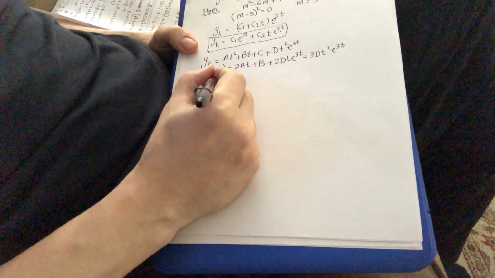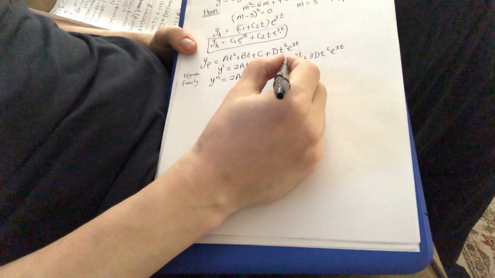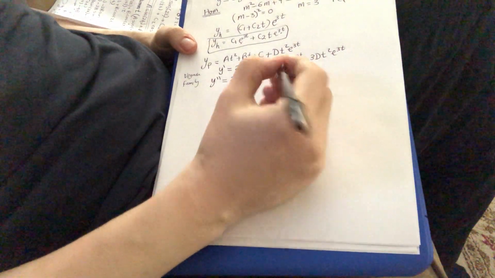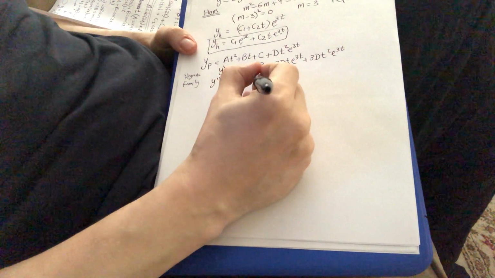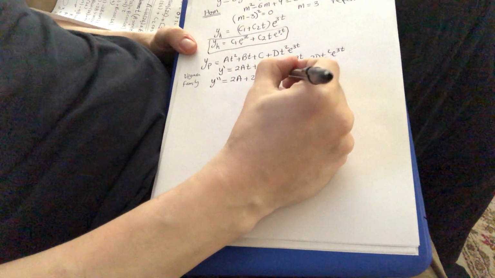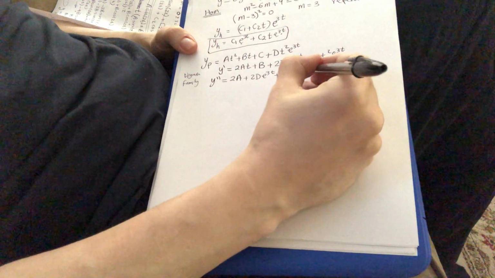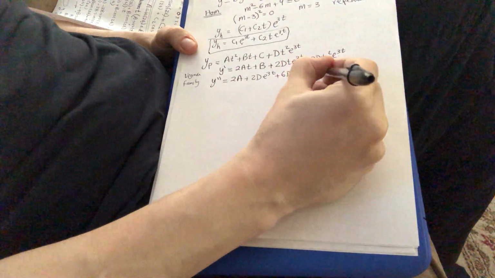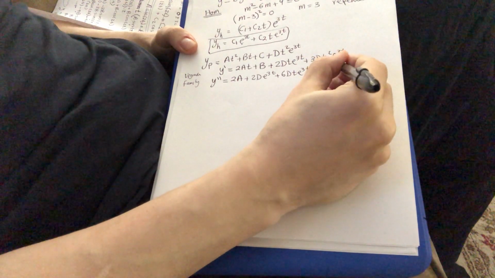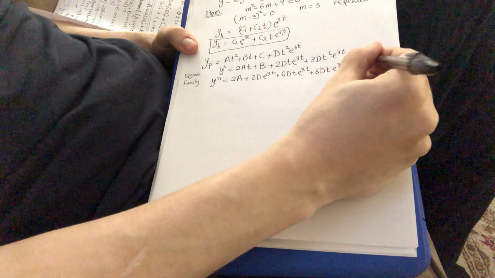We also do the second derivative, that's 2a. Here again, product rule, 2d e3t plus 6dt e3t. Here, product rule, 6dt e3t plus 9dt squared e3t.